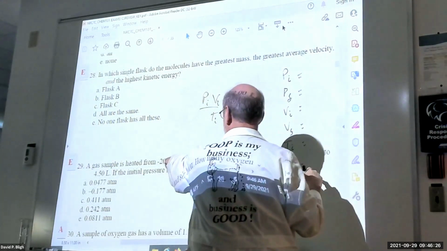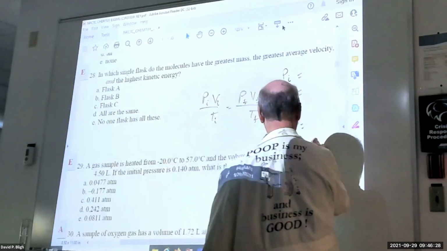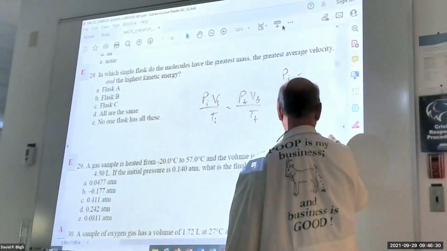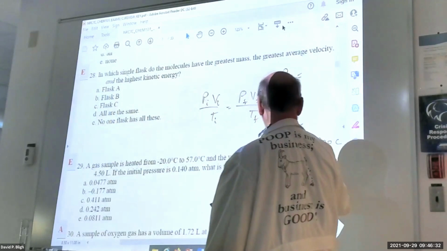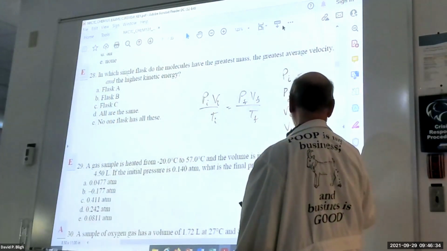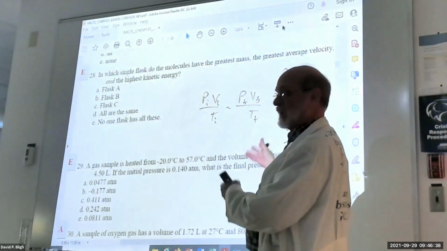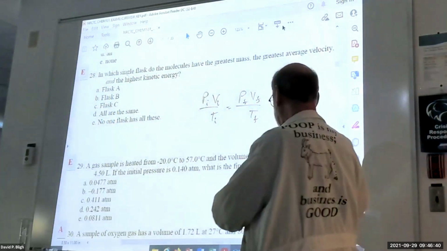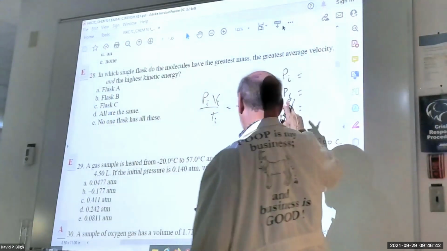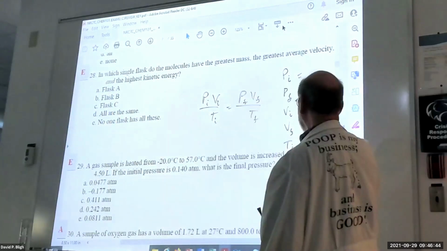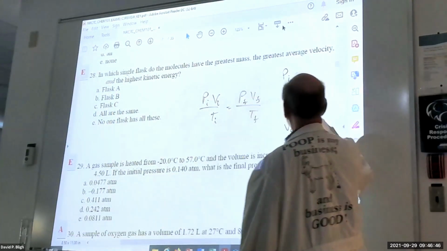Heated from initial temperature is minus 20. That means the final temperature is 57. Okay. Now, what else are we going to have to do? We're going to have to change those temperatures. Volume increased from 2 to 4.5.